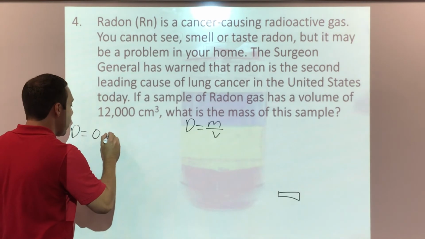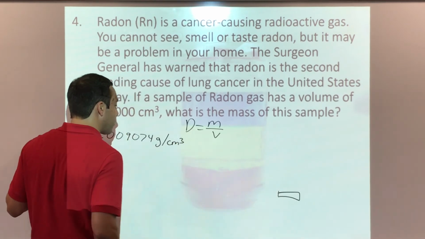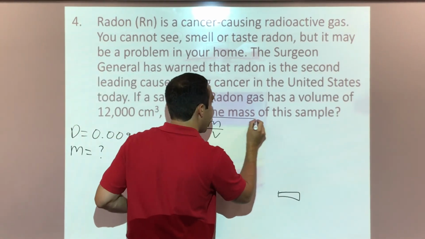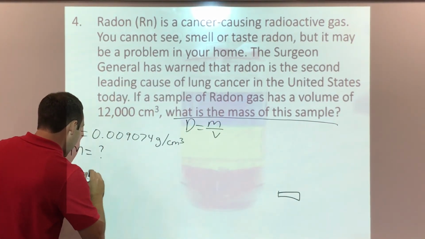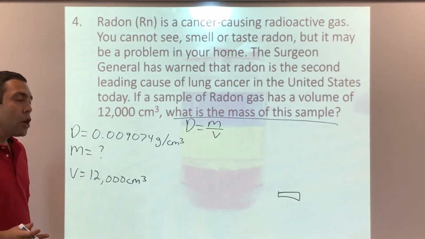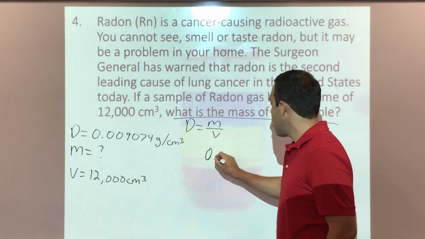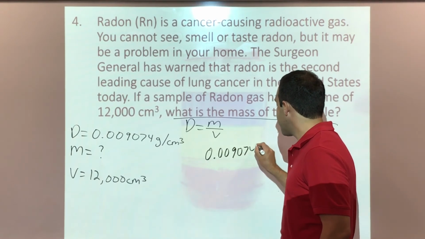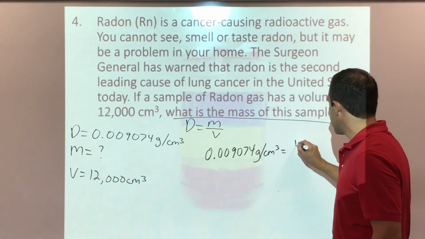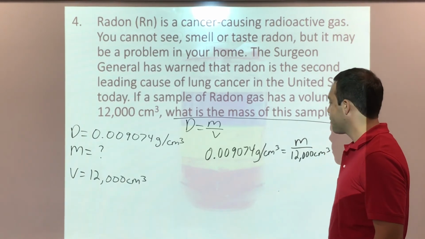Density equals 0.009074 grams per cubic centimeter. The mass is what we're trying to find, question mark, right? It says, what is the mass of this sample? And the volume is 12,000 cubic centimeters. So we plug in, we have our density. So we have 0.009074 grams per cubic centimeter is equal to the mass, which we don't know, over the volume, which is 12,000 cubic centimeters.